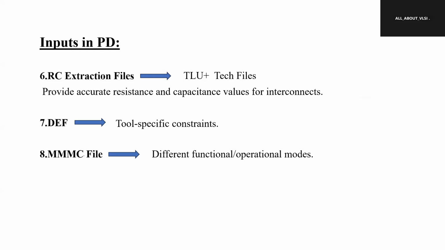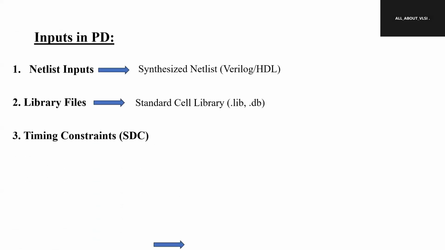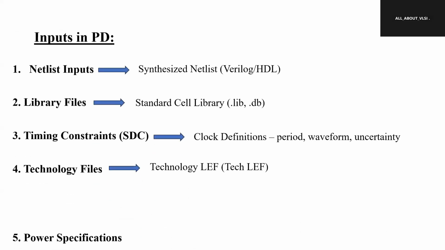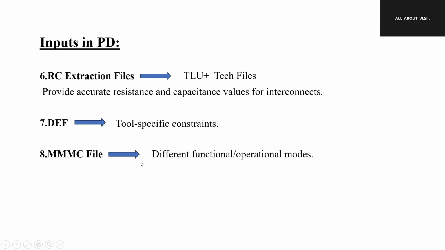And it consists of five corners: RC best, RC worst, RCW, like this. I will explain each in further classes. These are the netlist file, input timing constraints, technology file, our specifications. It is going to work on different modes and different corners, right?